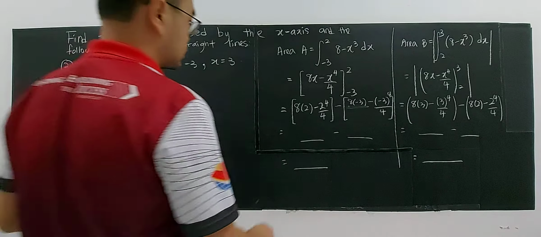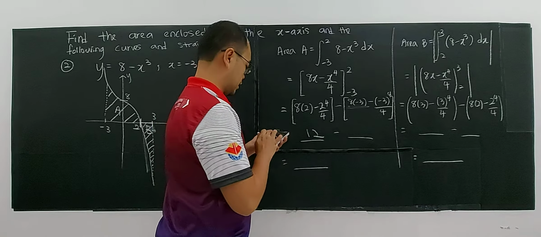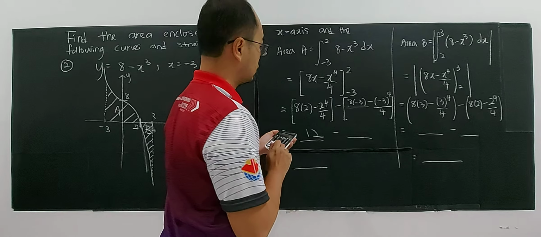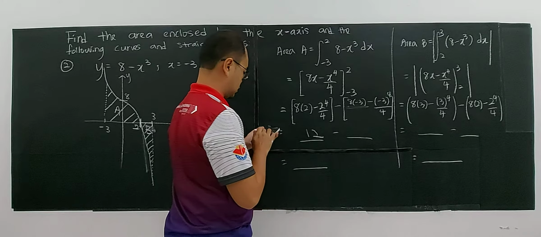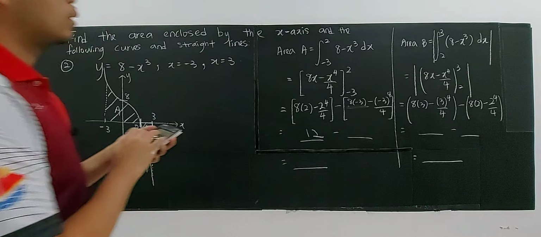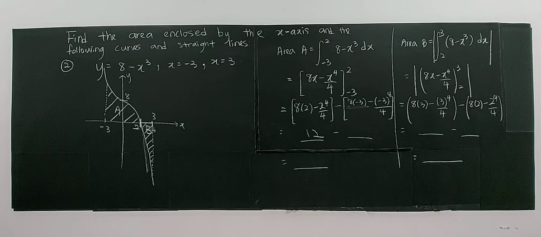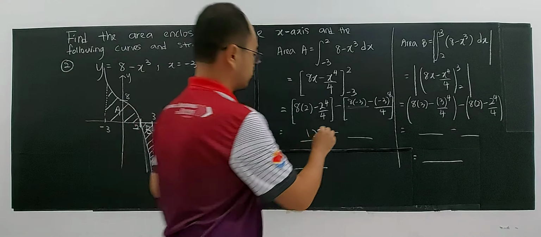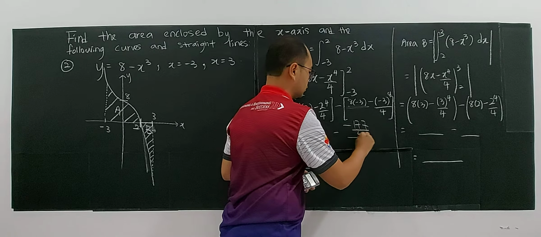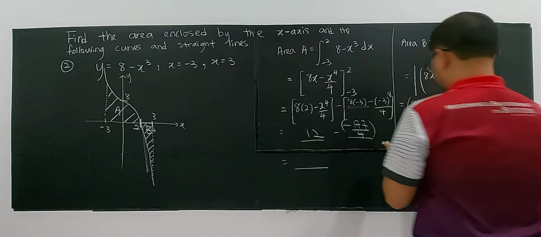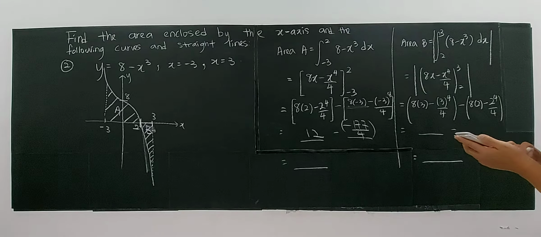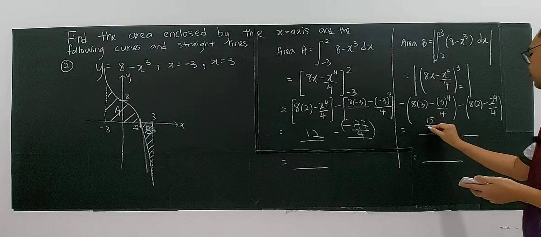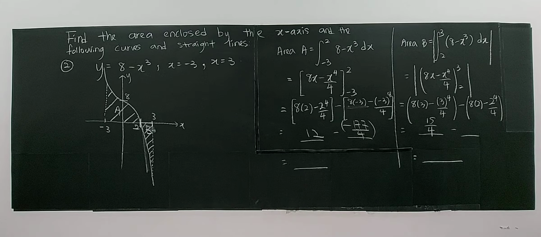If you're using a calculator, for 8x minus x to the power 4 over 4, as you calculate negative 3, you are getting negative 177 over 4. For 3, you are getting 15 over 4. Calculate 2, you are getting 12 here, right?